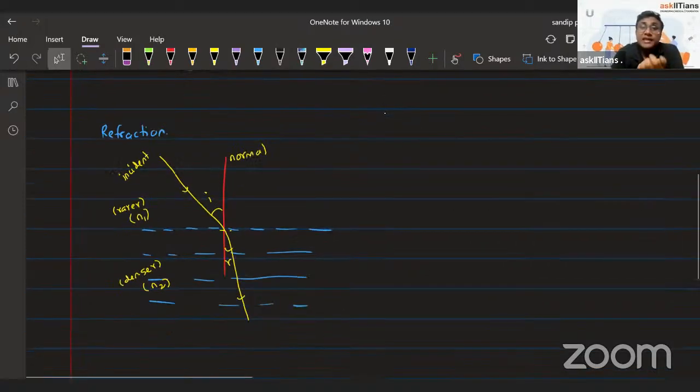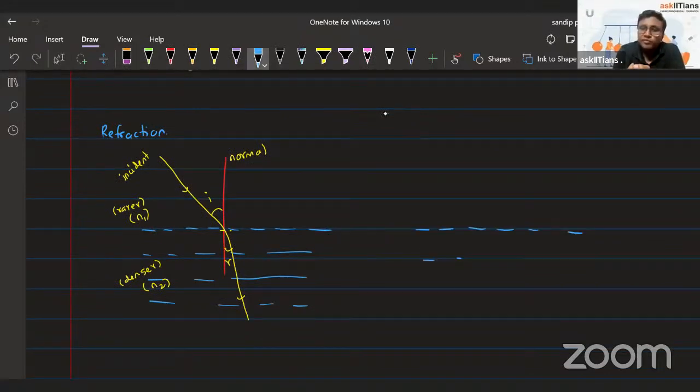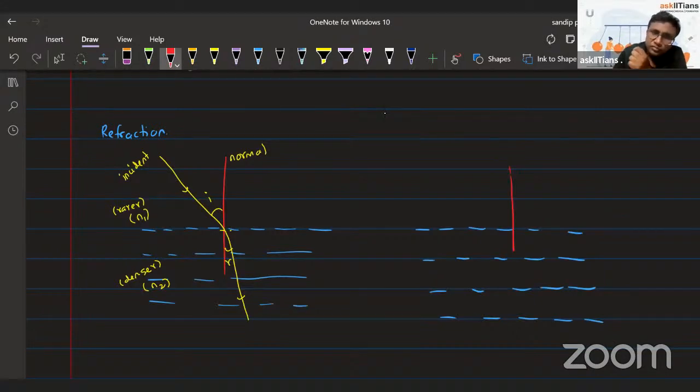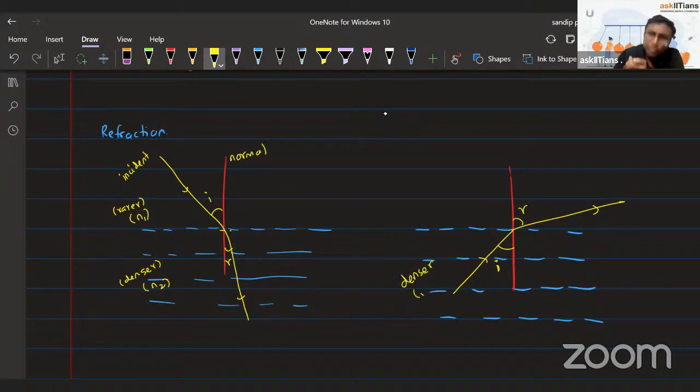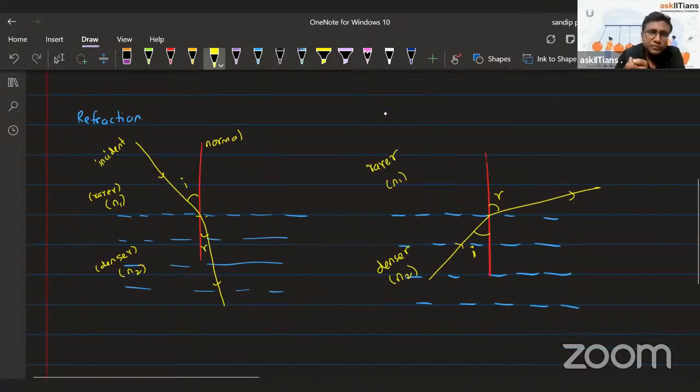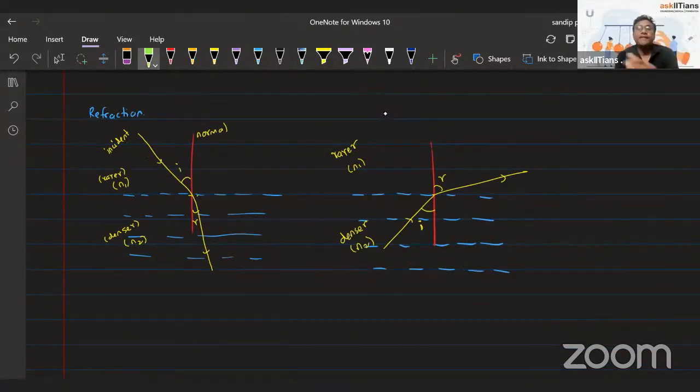Right? And as I said, the other way around is also possible. From the water, or from the denser medium, the light goes into the rarer medium. Then what will happen? Again you have the normal here. Light goes like this, and it will go like this. So this is angle I, this is angle R. We have this as the denser medium, refractive index N2, and this is the rarer medium, refractive index N1. Both are refraction, but we can see the difference between the two.